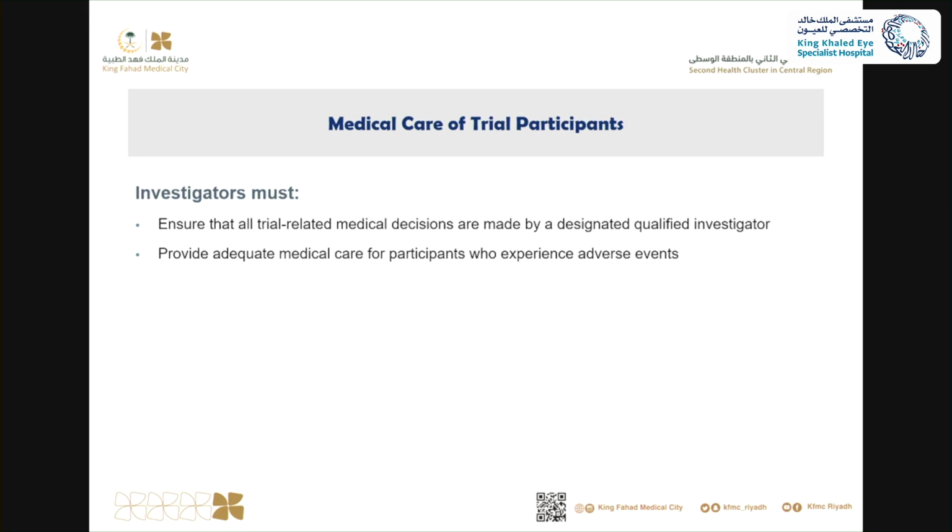So you have to ask yourself whether your institution can provide such kind of service. For example, do you think that your site is qualified to do clinical trials in oncology? If yes, can you manage any experienced side effect in the ER, on the floor, in the intensive care units, etc.?